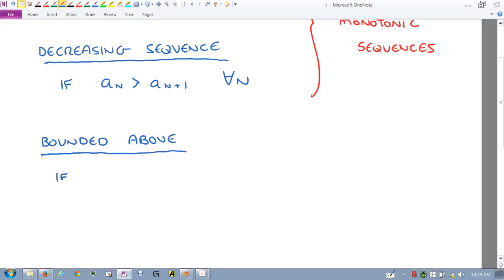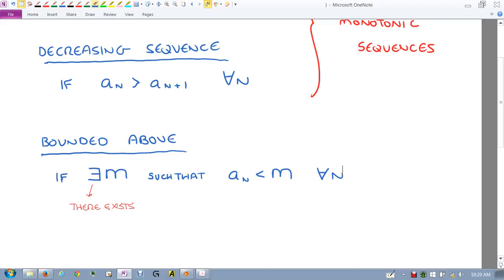If there exists a capital M such that a sub n is less than capital M for all n. See if you can read that. If there exists a capital M such that a sub n is less than capital M for all n, then we say it's bounded above.